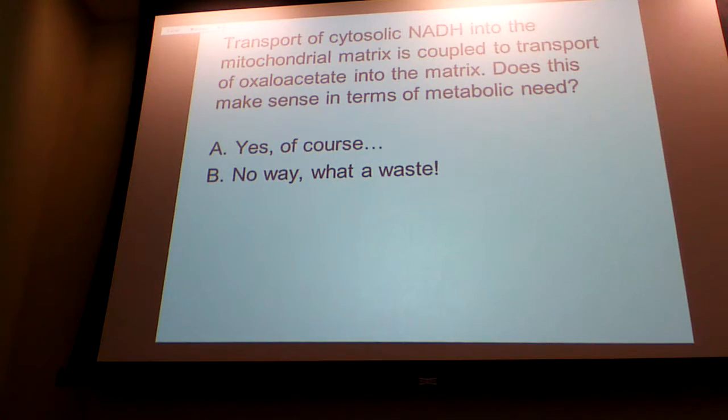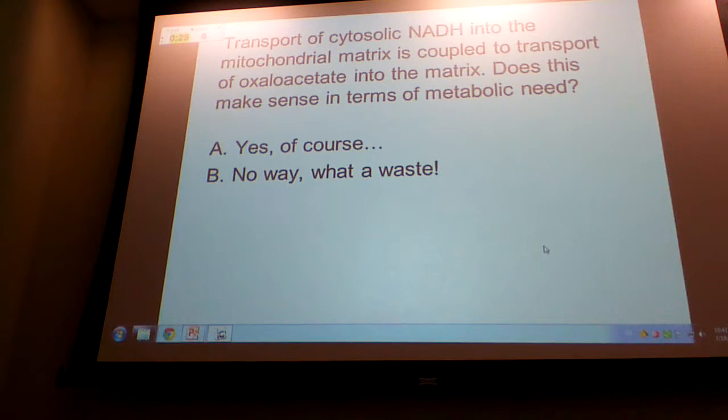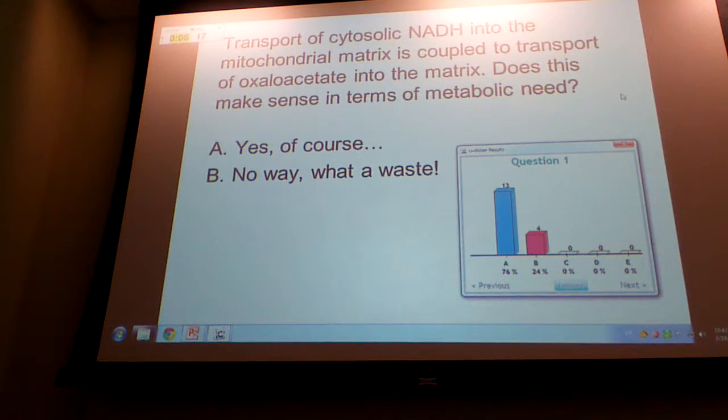Does that make sense in terms of metabolic need? If I am wanting to move NADH into the matrix, it's because I want to synthesize what?